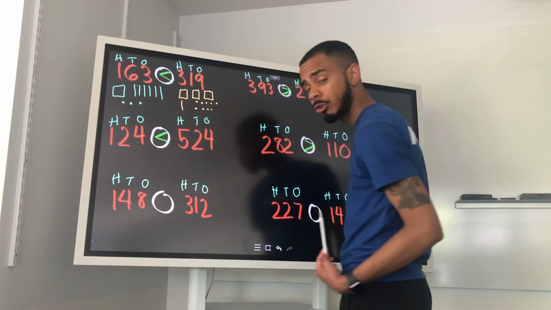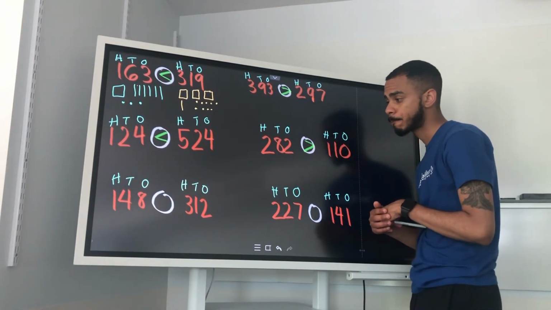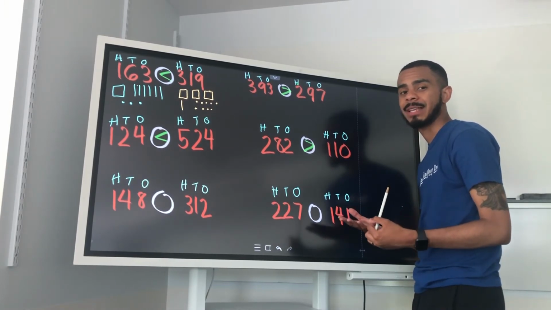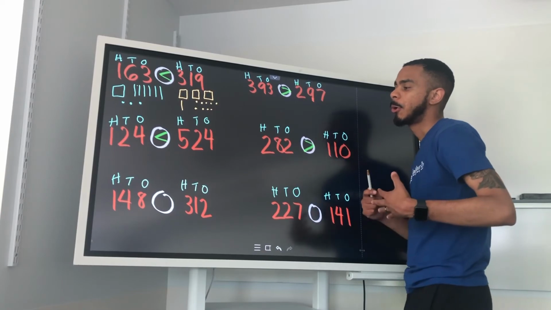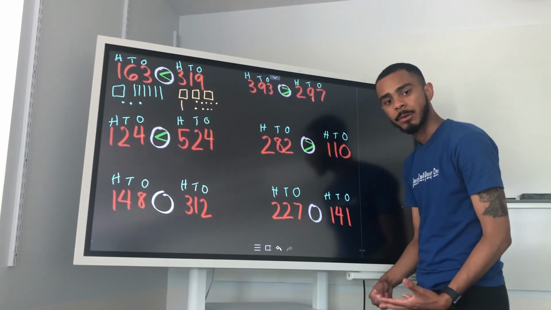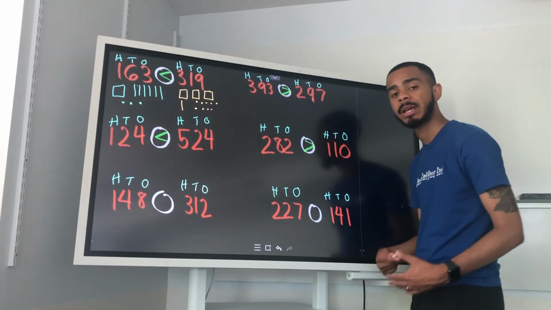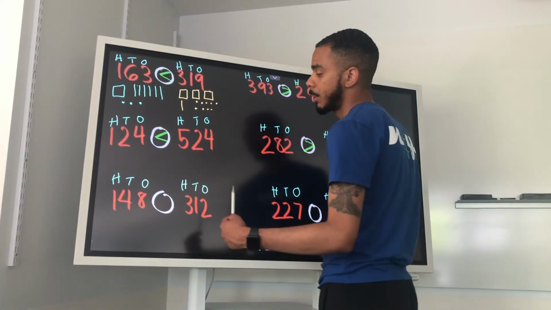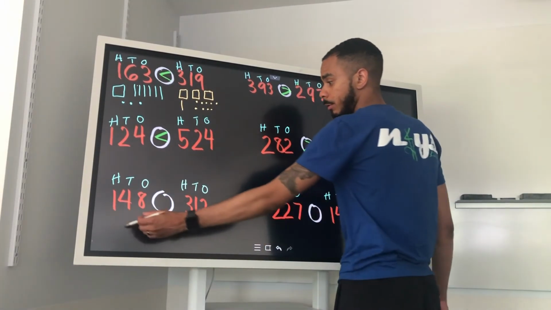All right, let's look down here. We have 148, we have 312. We start with the hundreds place. Why do we look at the hundreds place? Because it's the largest place value. That's what we look at first to compare numbers. So we see there's a 1 in this number in the hundreds place.